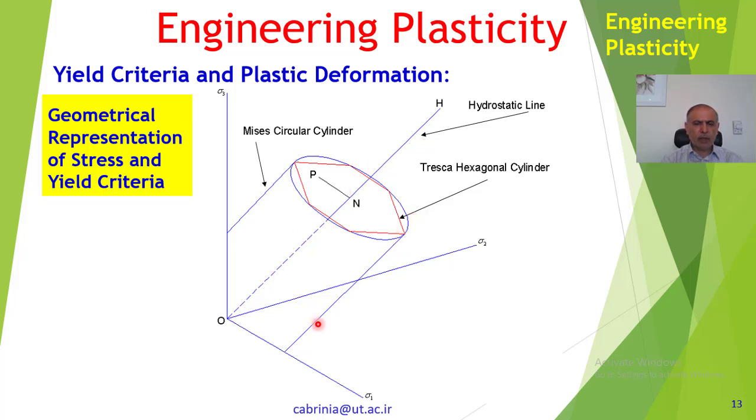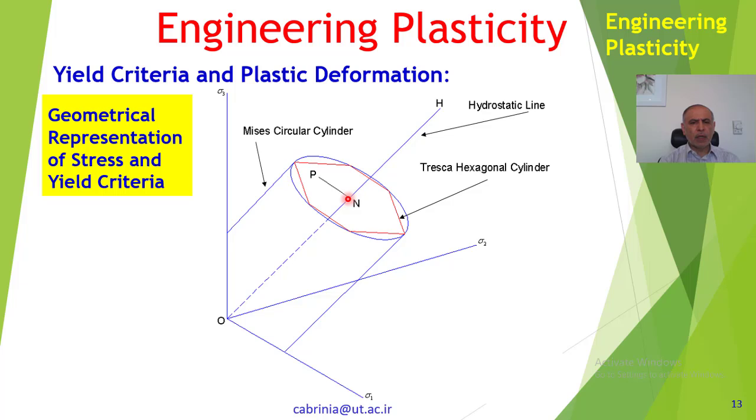So we get a hexagonal shaped cylinder for the Tresca. Mises and Tresca are the two most popular yield surfaces. Of course, we have many yield functions, different yield criteria, but these are the most popular, and we are going to talk about them.